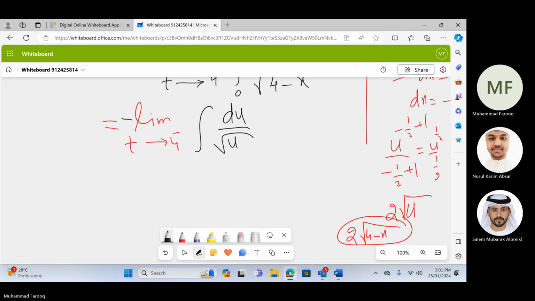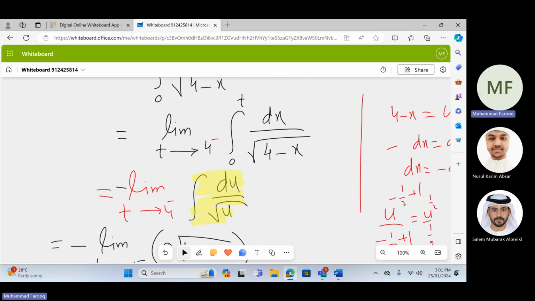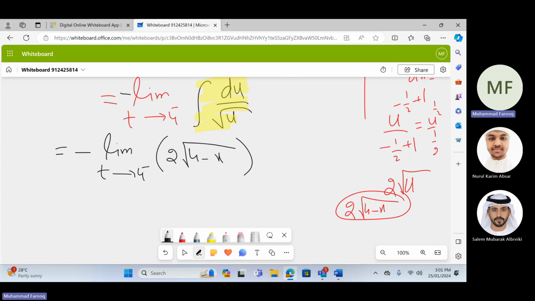Next, the limit as t approaches 4 from the left side. I'm writing now the answer: 2 times the square root of 4 minus x, with the limits from 0 to t. Now, upper limit in the answer minus lower limit in the answer.